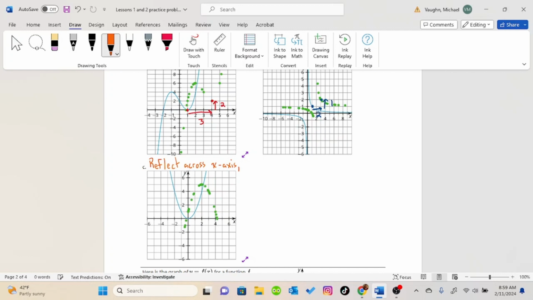Next, we're also going to have to shift. My graph has a vertex at the origin, but once I reflect it, I need to shift it so that it has a vertex at the point (2, 5). So we're going to shift right 2 units.